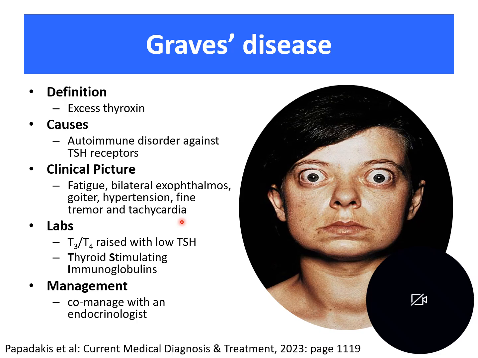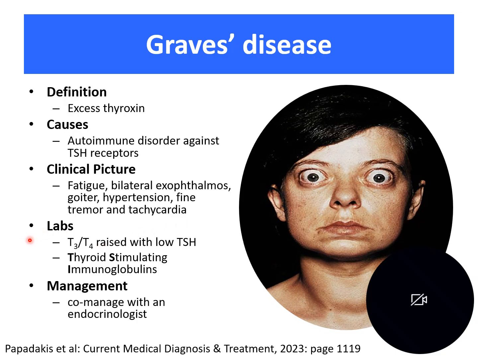If you're not seeing a fine tremor, but you are still suspecting this patient might have Graves' disease because of the bilateral exophthalmos, what I would suggest you do is take a small piece of paper like an index card, put it on the extended fingers, and you will see how that paper will then exaggerate the fine tremor to the point that you can actually see the edges of the paper faintly quivering.